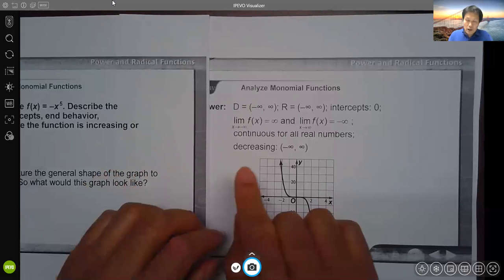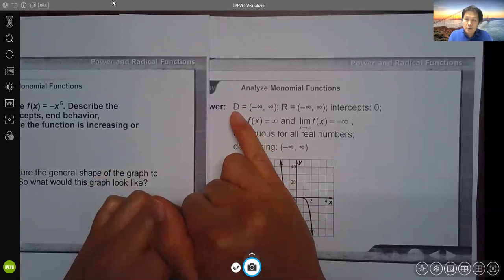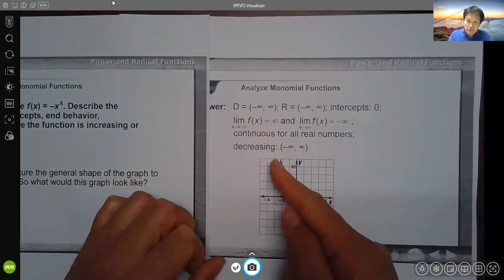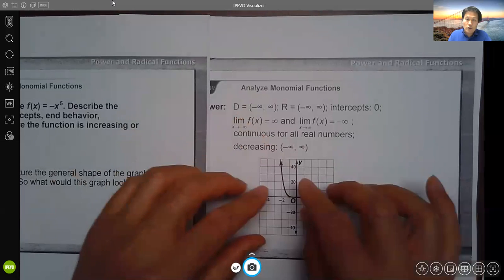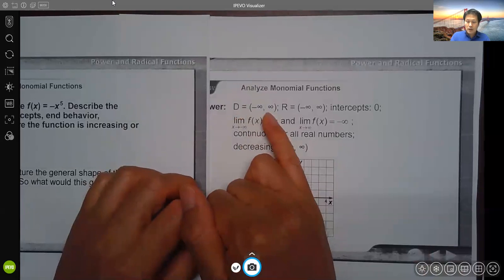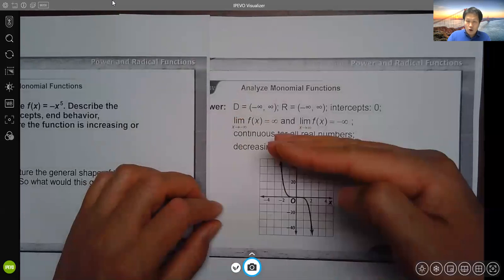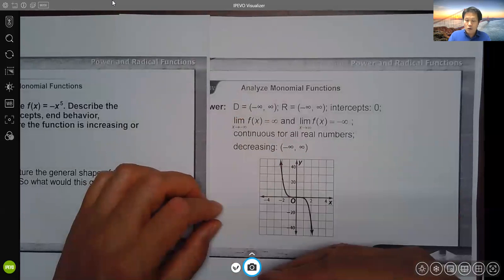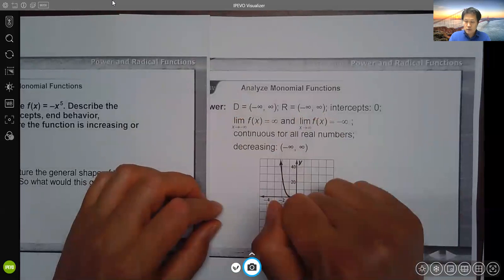And we are describing all those properties. Domain, again: keeps going to the left forever, keeps going to the right forever. It covers everywhere, all real numbers, minus infinity to infinity. Range: keeps going down forever, keeps going up forever. Up and down covers everywhere, all real numbers, minus infinity to infinity.